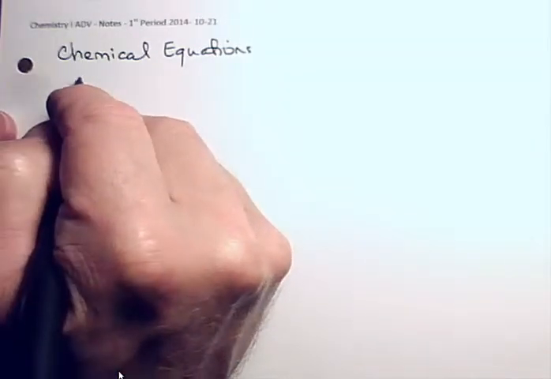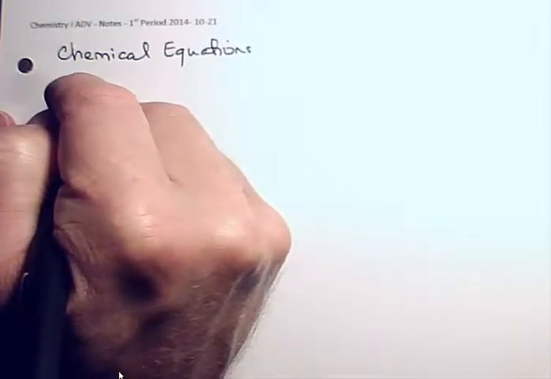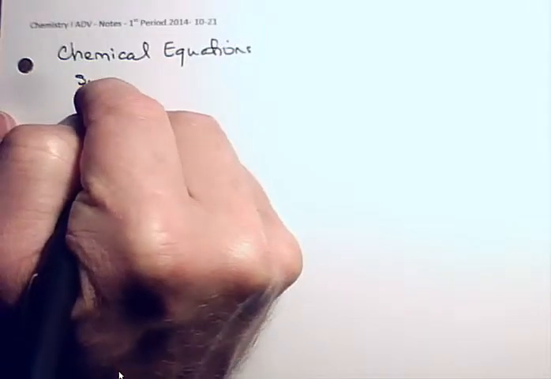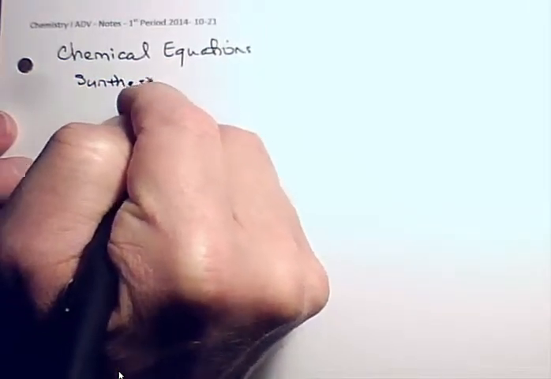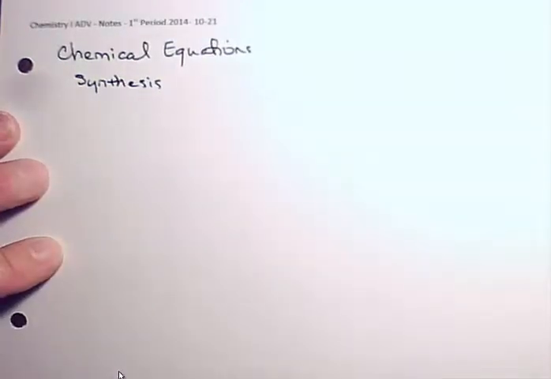So the first chemical equation category is a synthesis reaction. Synthesis reaction. And in a synthesis reaction, 2 or more chemicals are being combined into 1.